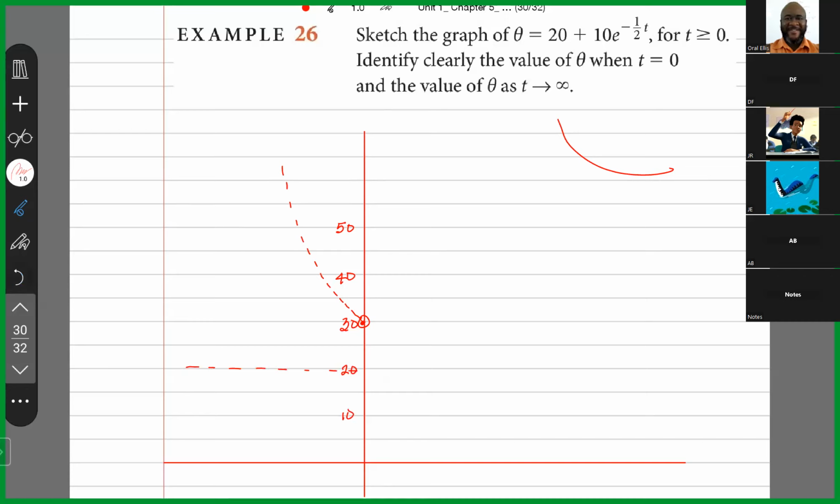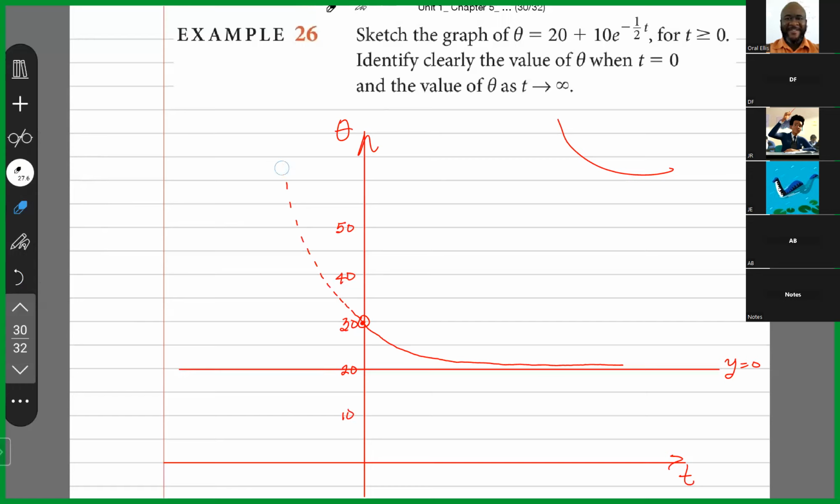All right. Let's make the asymptote solid. The asymptote is going to be 20. So this is the line y is equal to 20, and the graph comes like this. All right, this is my theta axis. This is the t-axis.